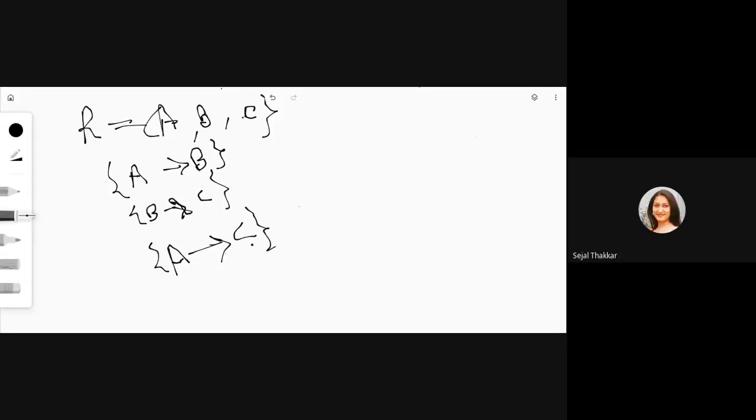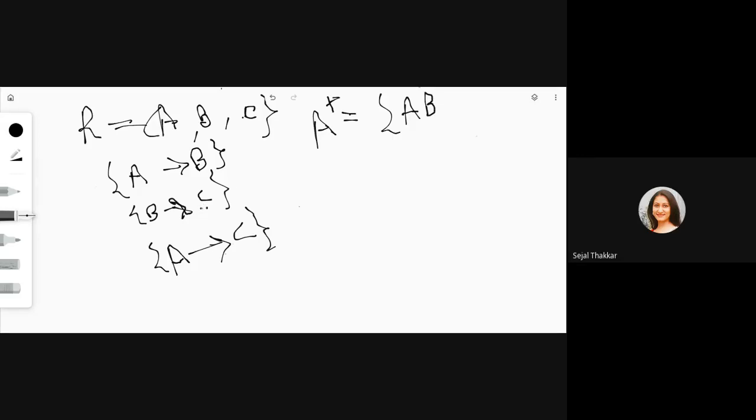Yes, you can see here A tends to C is a transitive dependency, right? Because from A's closure, what am I getting? I'm getting A itself, plus I'm getting B from the dependency A tends to B. So AB is there.